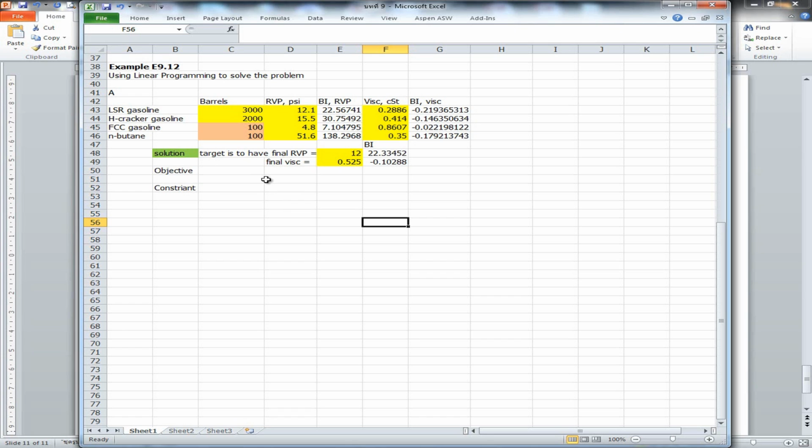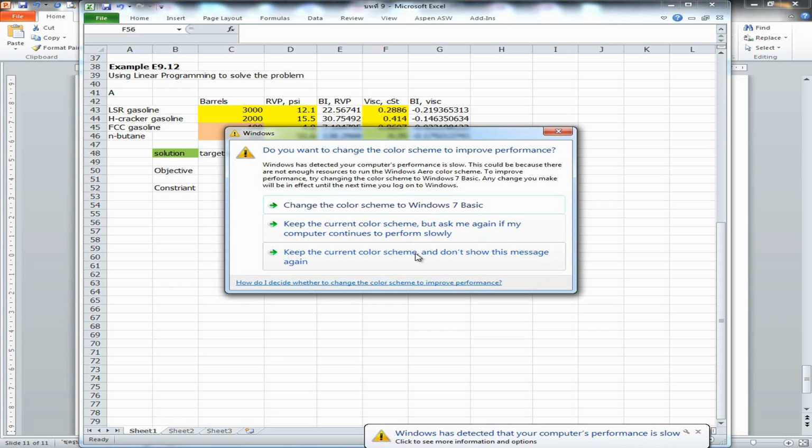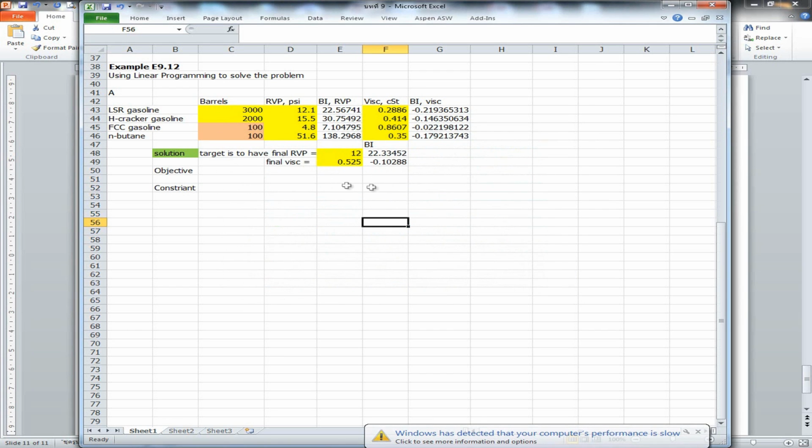In the objective equation, it means this input multiplied with that should equal this input multiplied with this. That should be the first objective, with the constraint of this volume multiplied with the blending index of viscosity, and should be equal to this number multiplied with the final viscosity here.